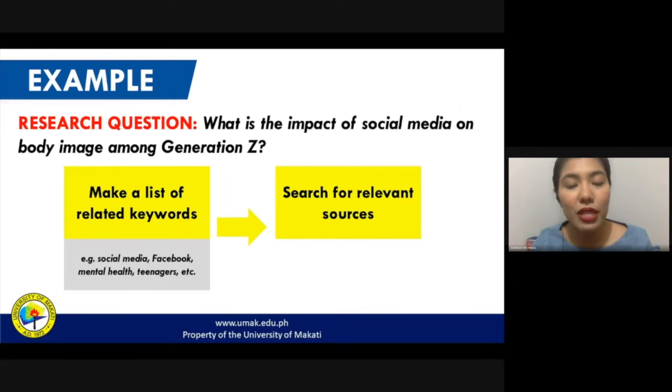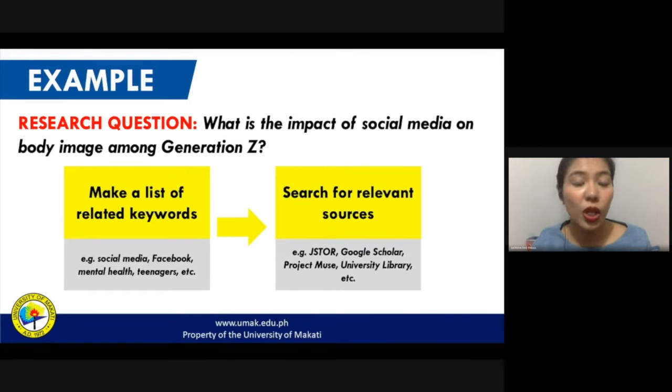Now, those kinds of literature could be found on websites such as JSTOR, Google Scholar, Project News, even your university library, and others.